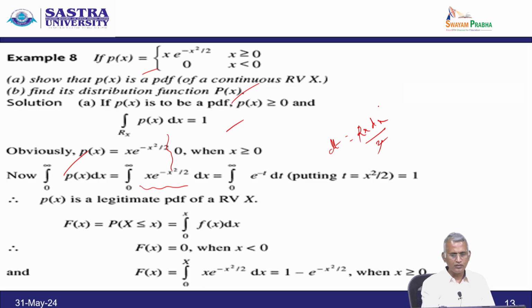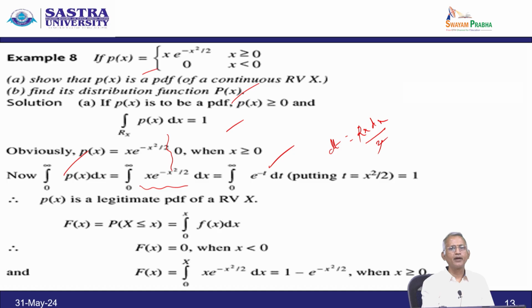Therefore, x equals root of 2t, and the integral reduces to e power minus t dt.